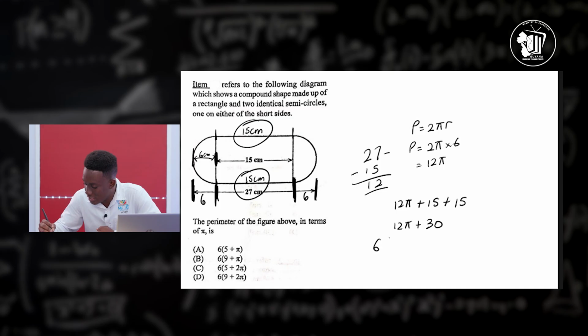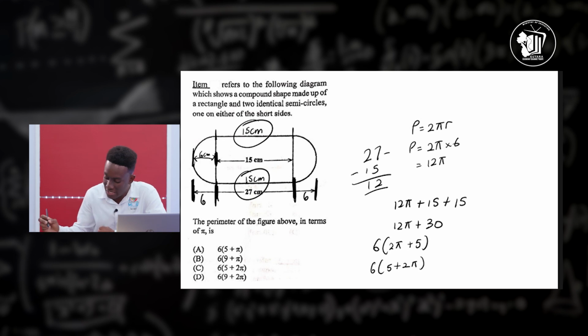So I factor out the 6 and I'm left with 2 pi plus 5, since 30 divided by 6 is 5. So I have 6 multiplied by 2 pi plus 5, and I can rewrite this as 6 multiplied by 5 plus 2 pi. I see I have that answer there at C, 6 multiplied by 5 plus 2 pi. So my answer there is C.